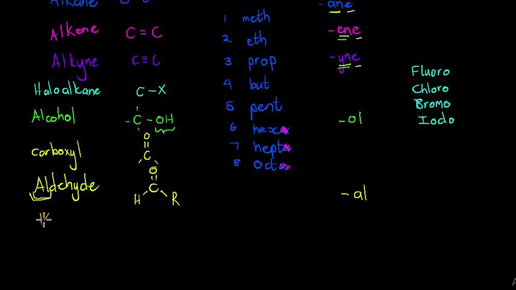The next one that we looked at was the ketones. A ketone was similar to an aldehyde, but almost a more complex aldehyde. It is a carbon double bonded to oxygen, but both of the other bonds were substituent groups.